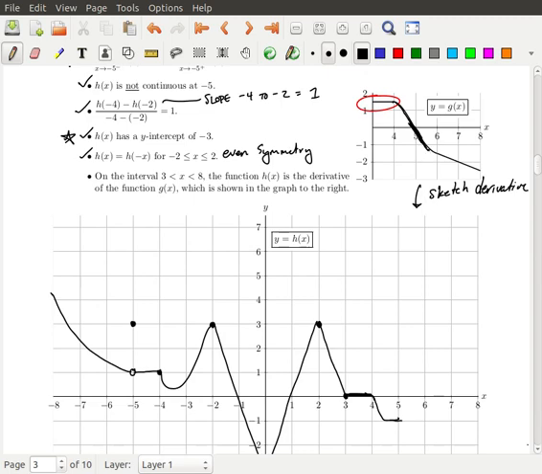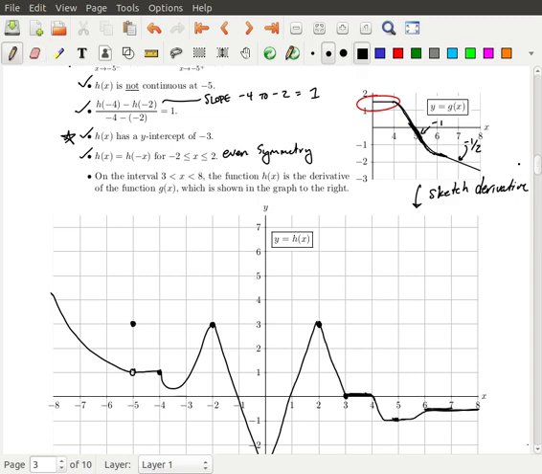And then as we're going from 5 to 6, it looks like the slope gets a little less negative. It's -1/2 here. So it's going to come up and be like -1/2. Something like that. And I guess I should keep that straight all the way to 8. Okay.